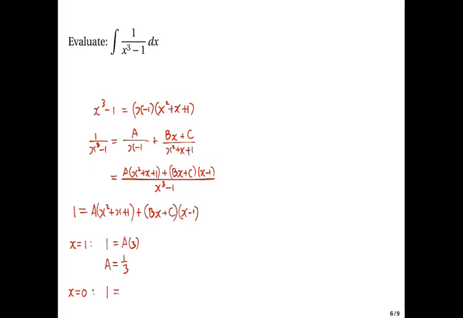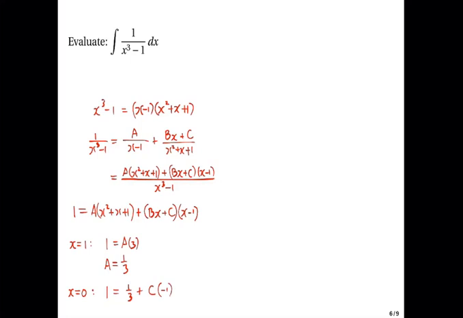On the right-hand side, we have a, which is 1/3 already, times 0 plus 0 plus 1, so we just have a times 1, which is 1/3, plus c times 0 minus 1, so c times negative 1.